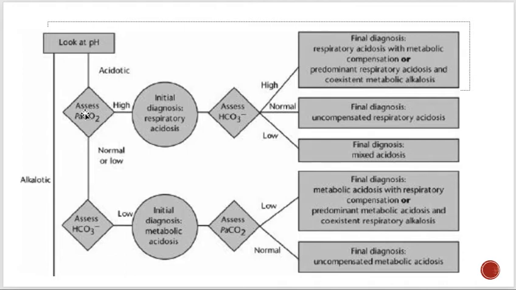So with your initial diagnosis of respiratory acidosis, now you assess bicarbonate. If you find that the bicarbonate is high as well, the final diagnosis is respiratory acidosis with metabolic compensation, because the body is adding more and more bicarbonate to compensate for the extra carbon dioxide.